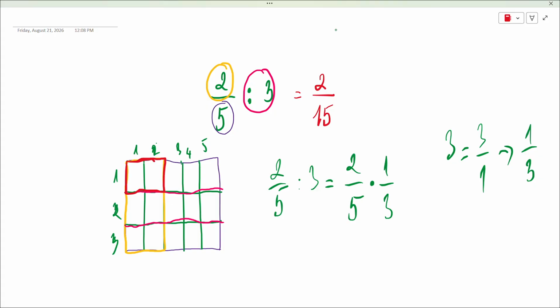When multiplying two fractions, we just multiply both numerators: 2 times 1 is 2, and multiply both denominators: 5 times 3 is 15.